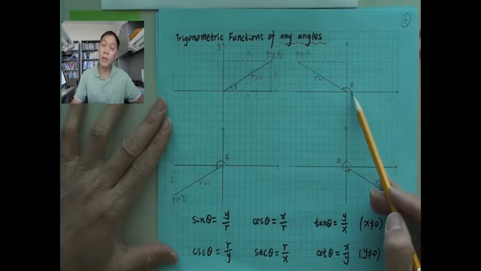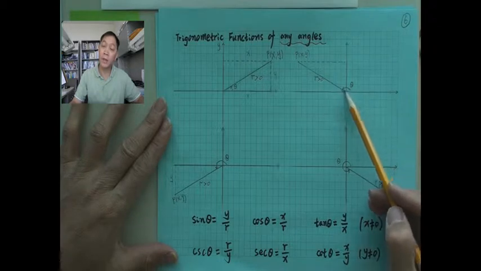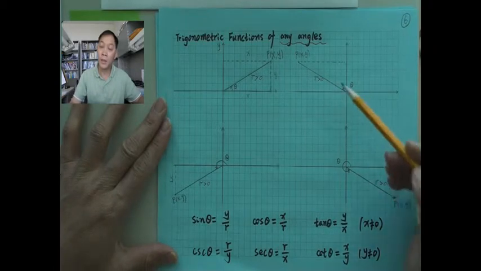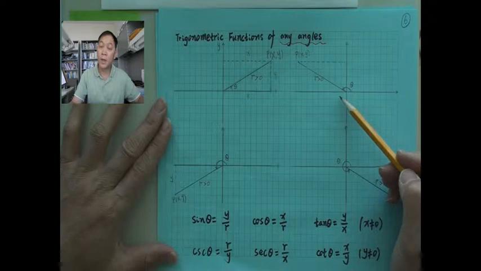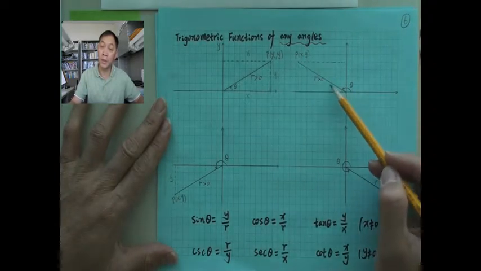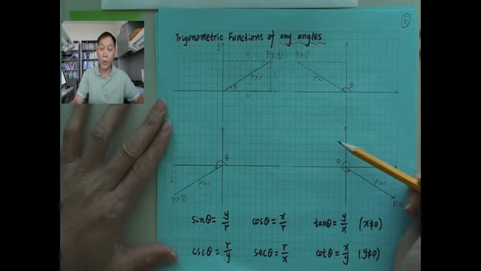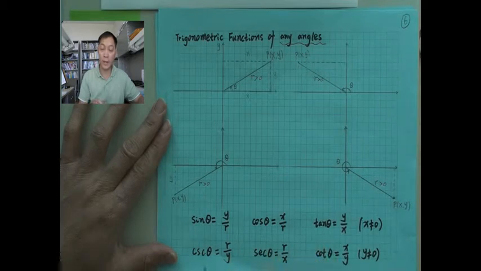But we know an angle can be anywhere. If you rotate more than 90 degrees and less than 180 degrees, this angle will be in the second quadrant. Then how are we going to define sine, cosine, tangent, and the other three functions?